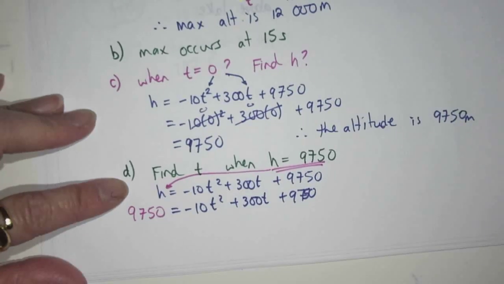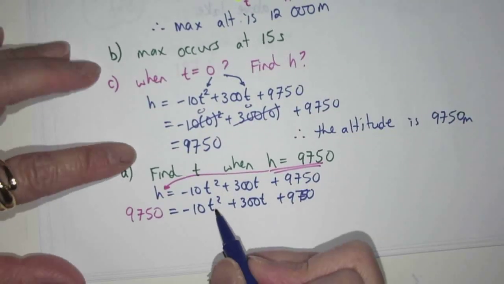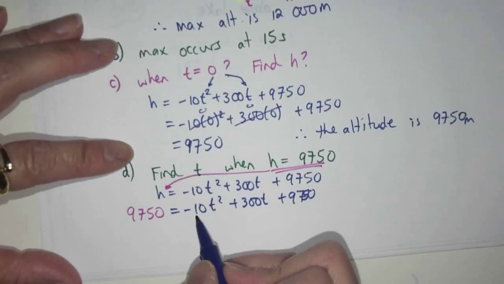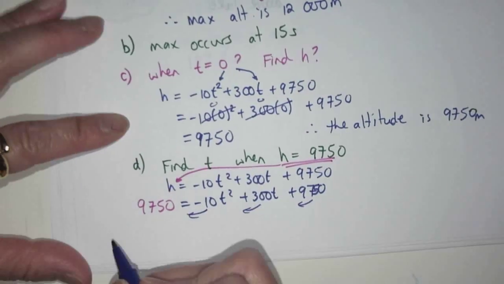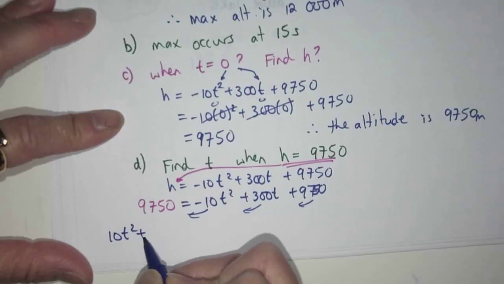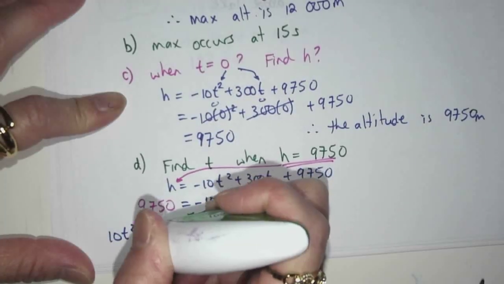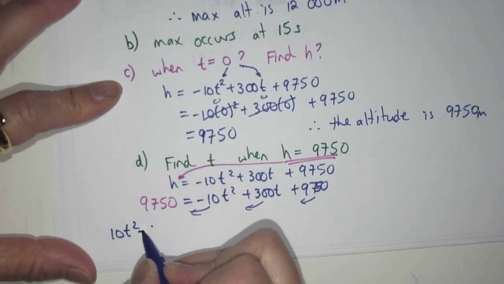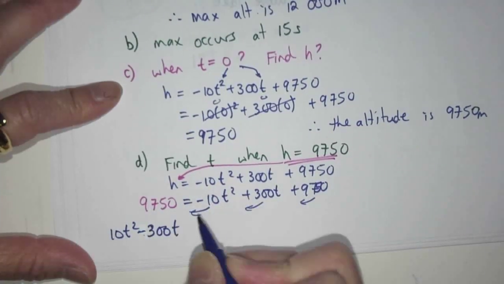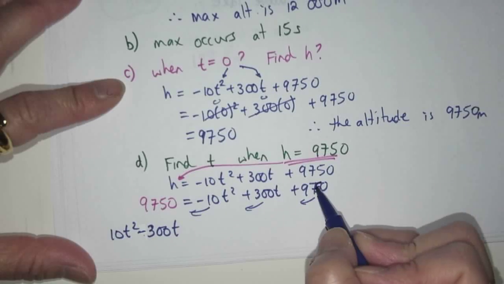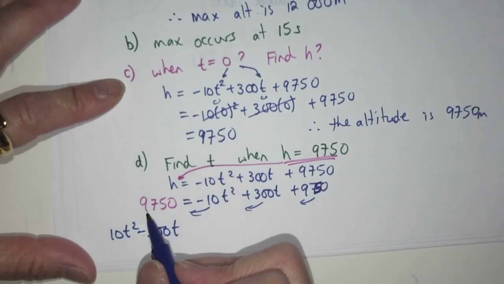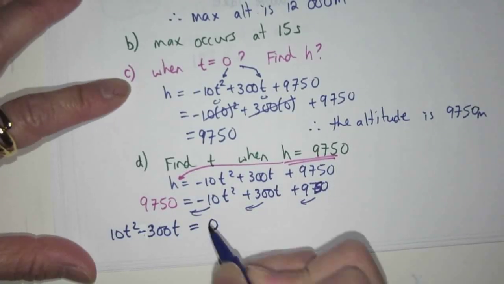Oops, 9750. Then if I bring everything over to one side, I'm going to get 10t squared minus 300t. And when 9750 comes over here, 9750 minus 9750, you get 0.